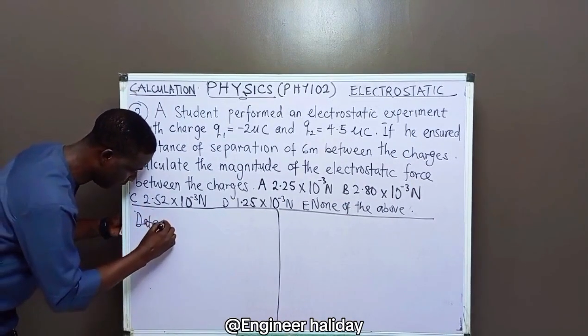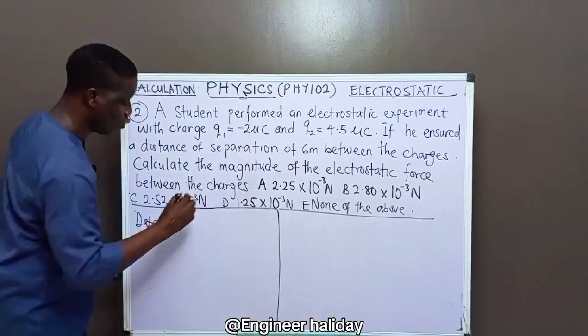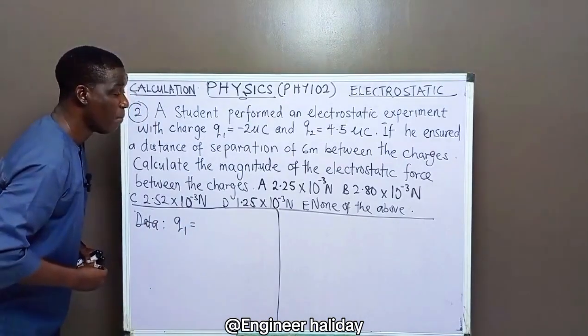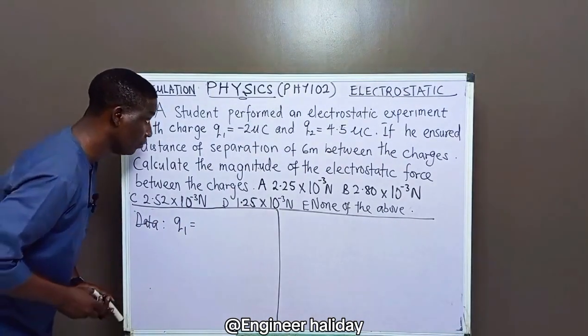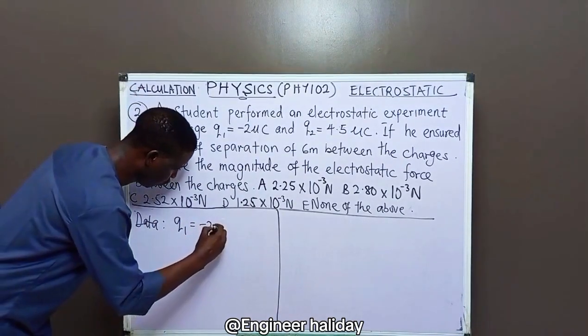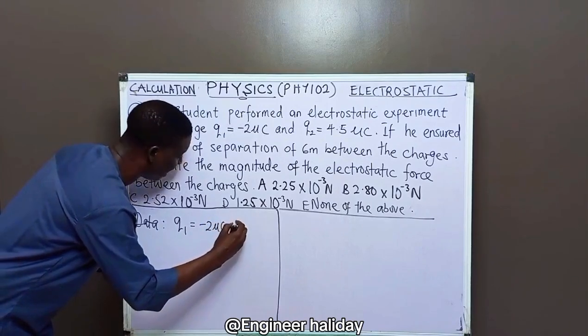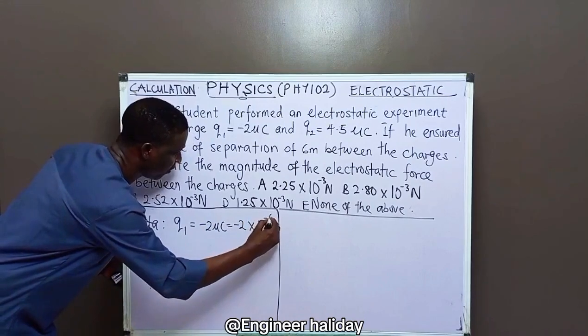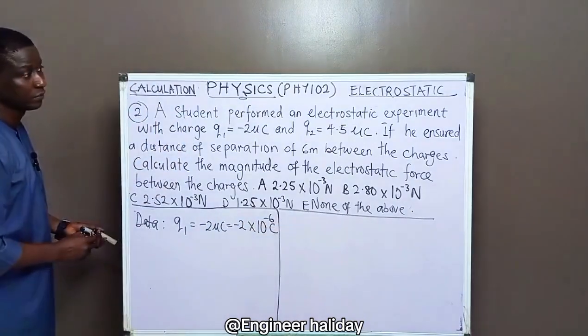Our data now is what? Let's take Q1 equals minus 2 microcoulomb, which is the same thing as minus 2 times 10 raised to the power of minus 6 coulomb.